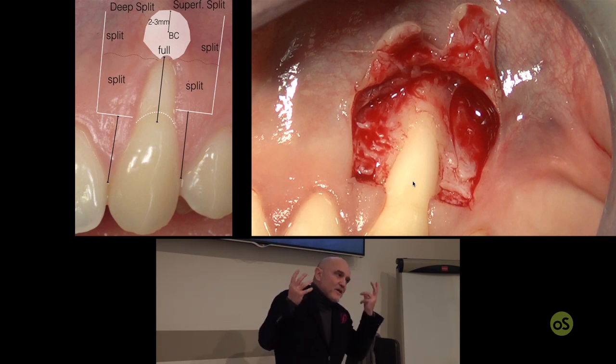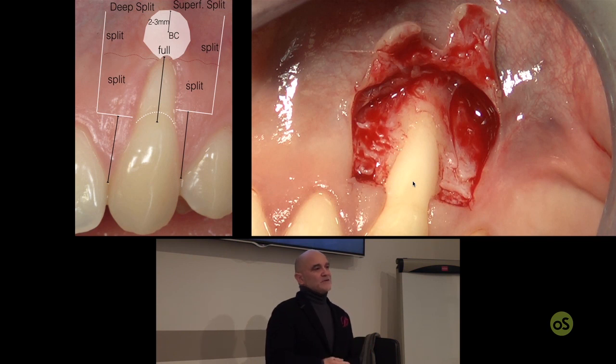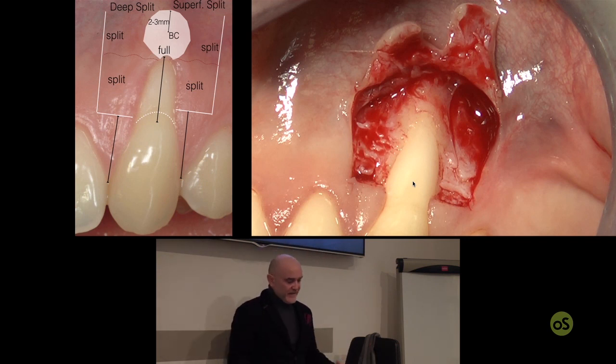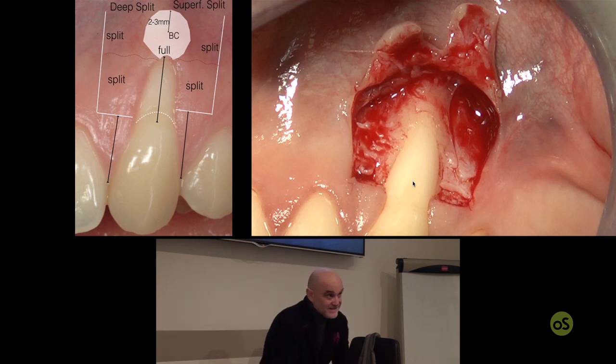At least from a biological point of view, the indication to use amelogenins is when you have a very, very wide buccally displaced root. In this case, we want to help the cells of the periodontal ligament by inducing the cells of the blood clot to be transformed into cementoblasts and fibroblasts and produce new connective tissue attachment.